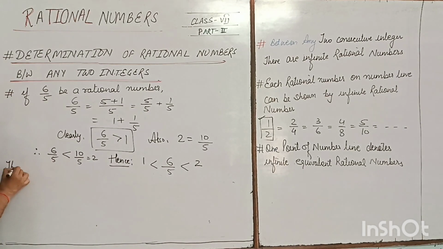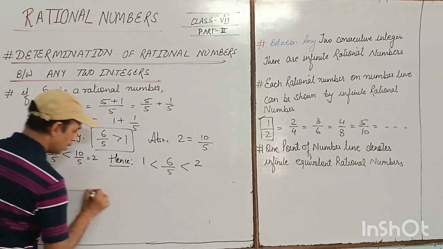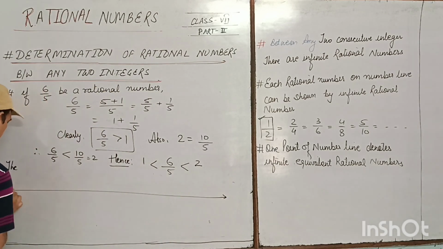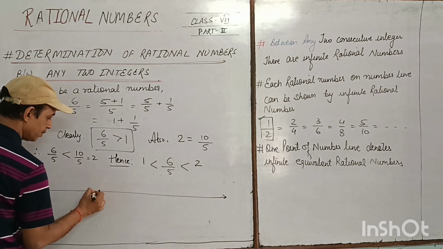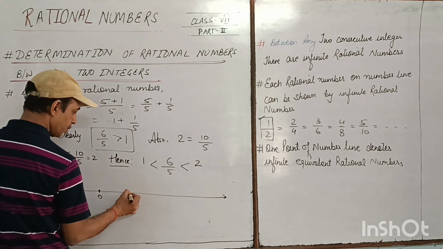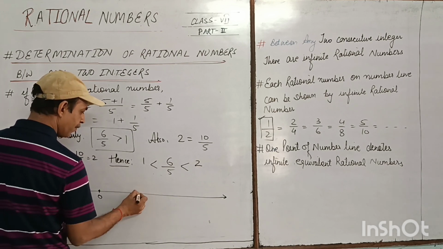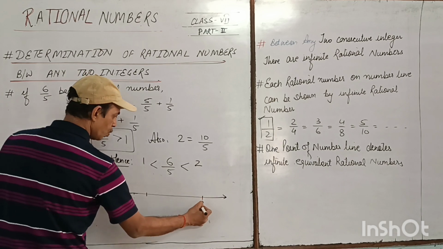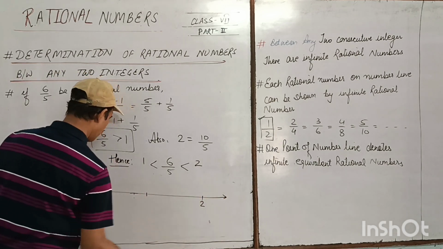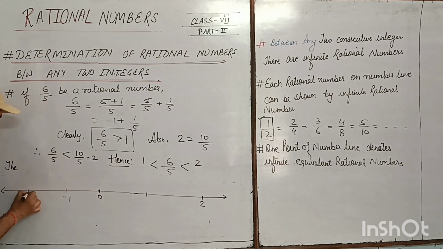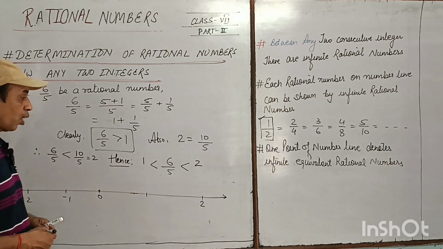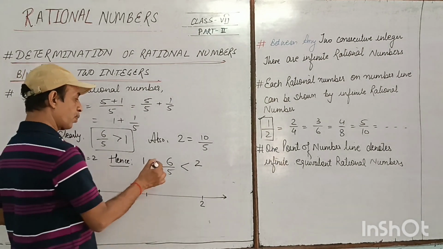Now, I hope you are all getting the thing. Say 0, then 1, then 1 and 2, again more numbers will be there, minus 1, minus 2. We have 6 upon 5.